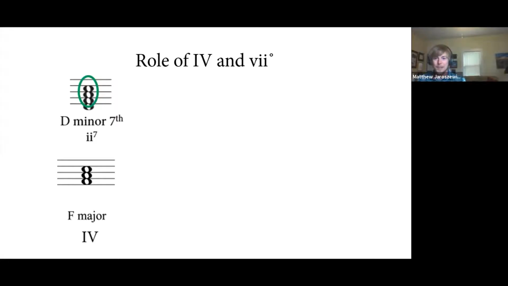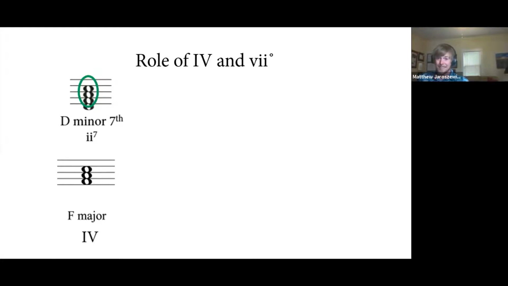So, because these have such similar notes, similar sonorities, they're able to occupy a similar role in the harmonic scheme. It's especially evident, I think, if you look at the D minor 7th chord in first inversion. Remember, that is where we have the second note of the 7th chord, the F, in the bass.